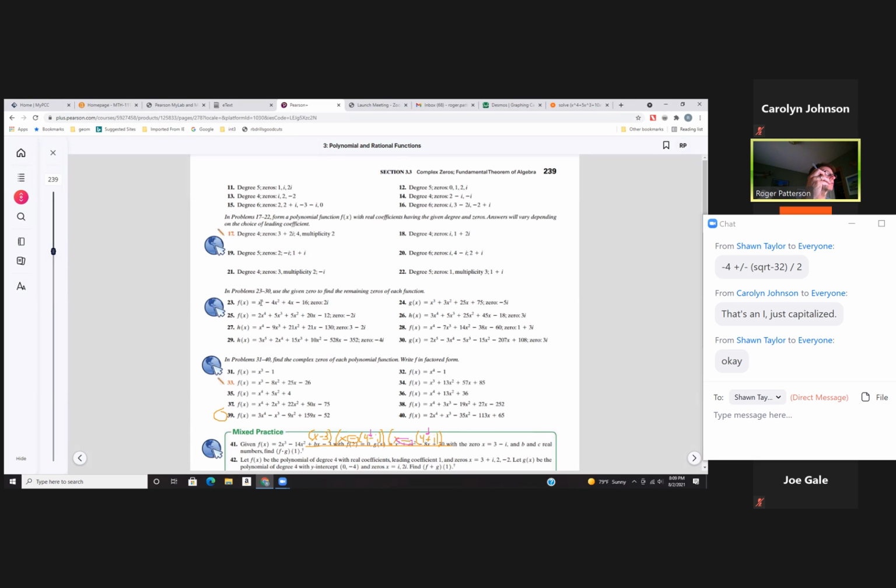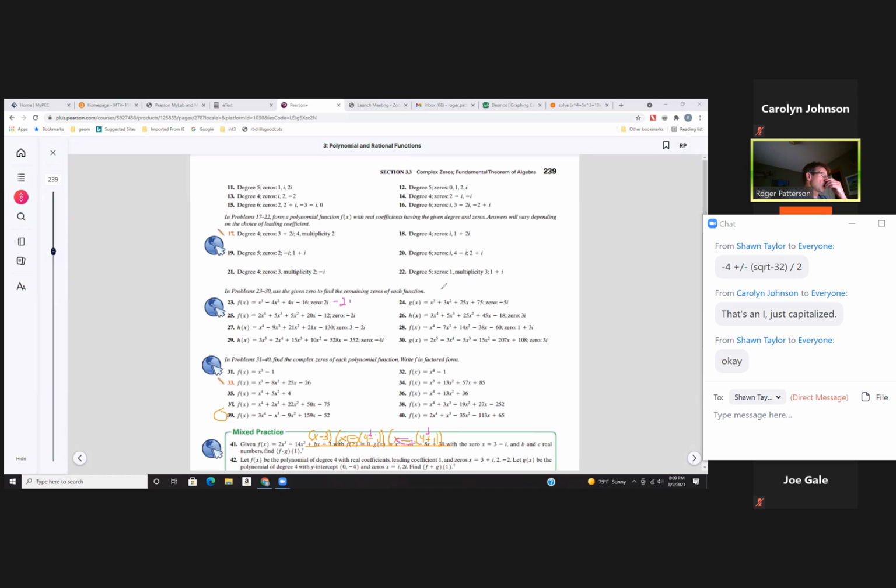Number 23 is a good problem because it says if 2i is one zero, find the other 2, because you know it has a degree of 3, so you know it's going to have 3 solutions. Well, if 2i is a solution, that also means that negative 2i has to be another solution.